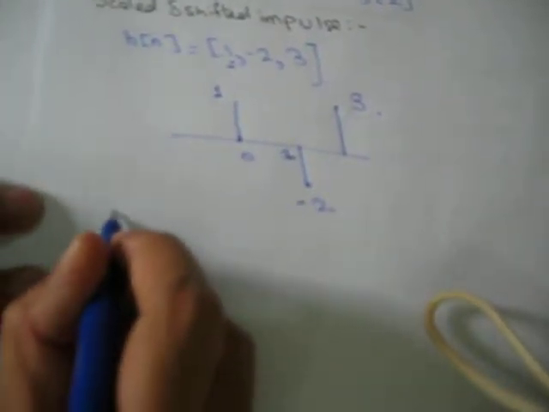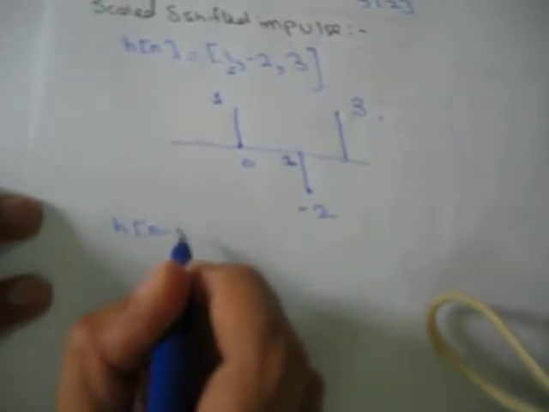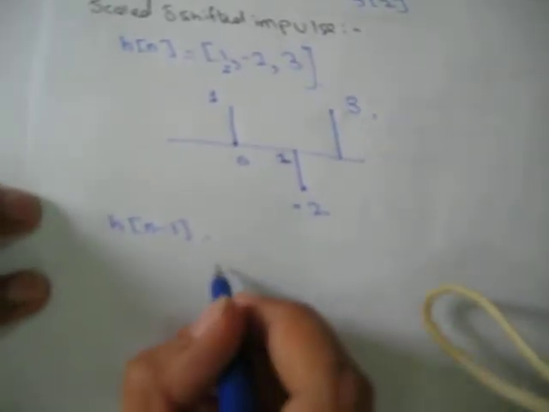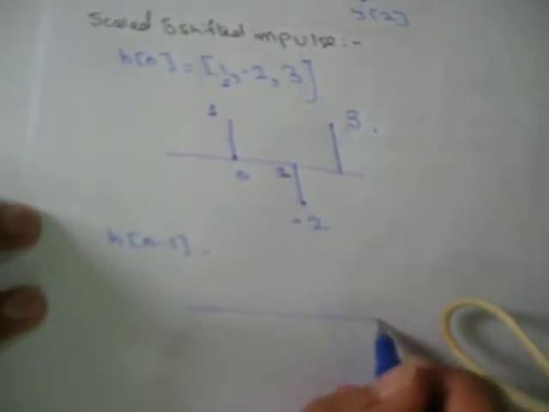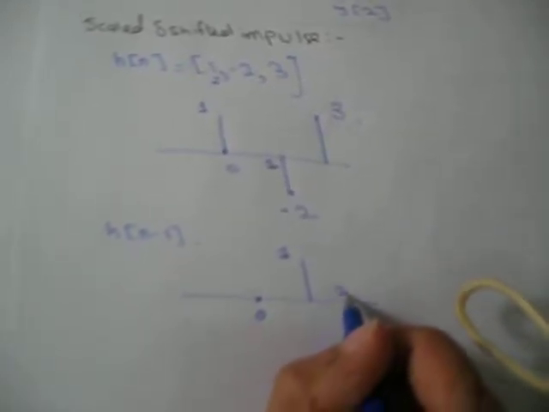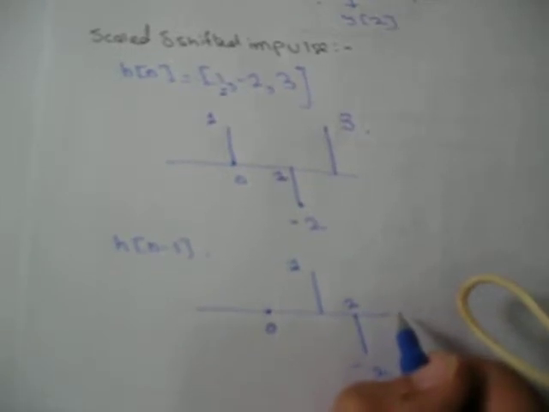Now h of n minus 1 means that we need to shift the signal towards the right side. So h of 0 will be 0, h of 1 will be 1, h of 2 will be minus 2, and h of 3 will be 3.